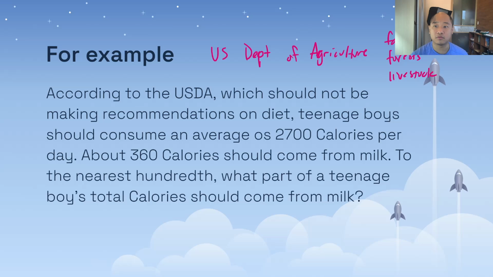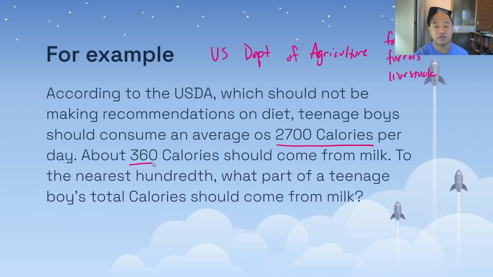No, you should not, because they have an interest in getting you to drink alcohol, right? And in the same way, the Department of Agriculture has an interest in you consuming the products that they make money off of. And so they recommend that the average teenage boy consumes 2,700 calories per day.